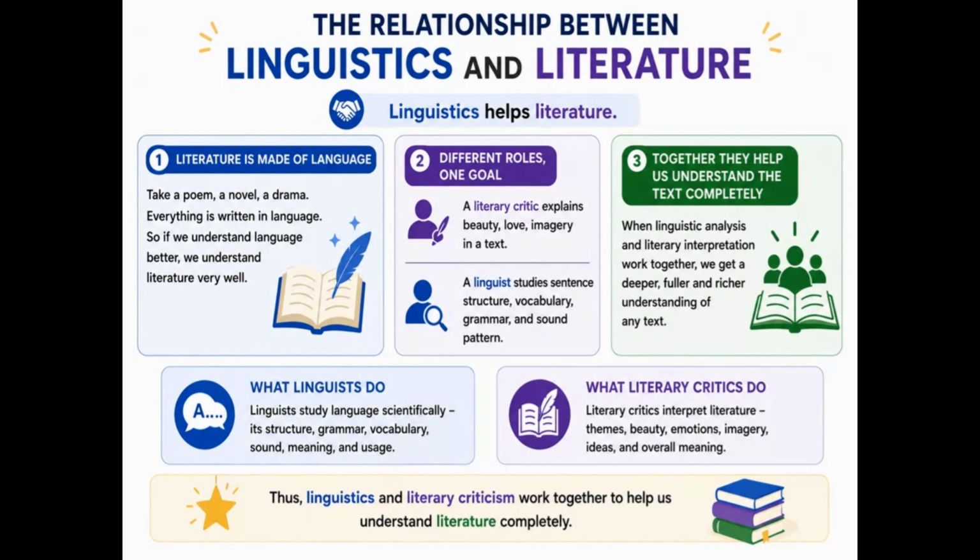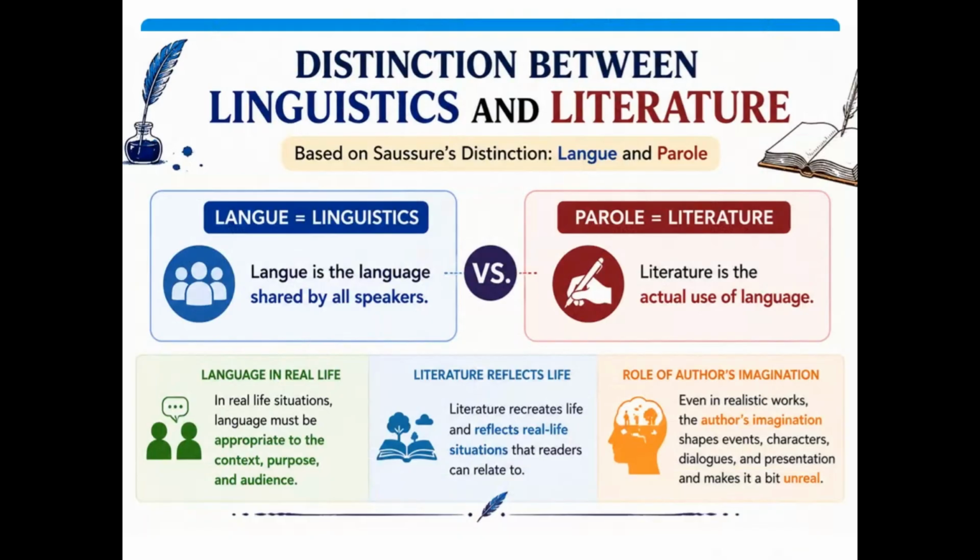Here we can bring the concept of langue and parole given by the famous Swiss linguist Ferdinand de Saussure. We can say langue refers to linguistics and parole refers to literature, that is, the actual use of language in real life situations.